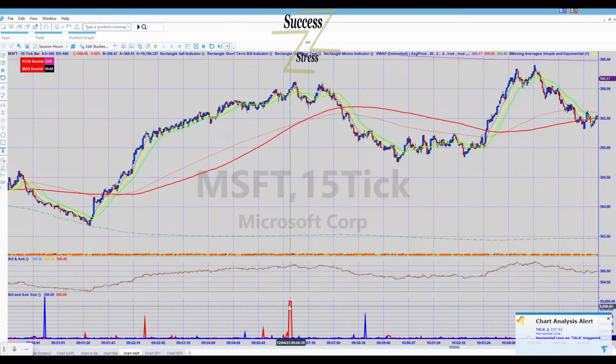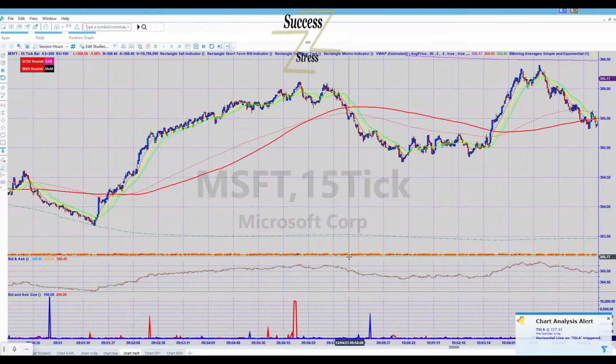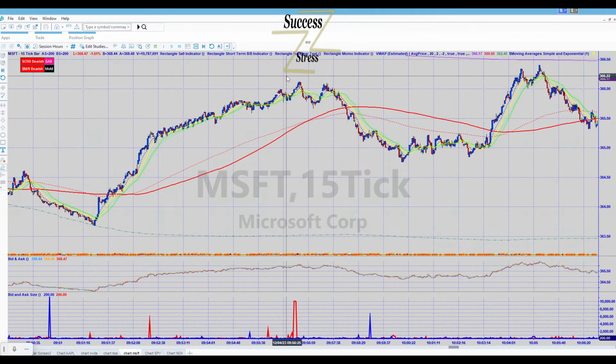But I often see these high numbers show up here, like I said, at pivots. Okay, so this one showed up here. I mean, like at the top of this move, at least there was a pullback before it went again, but this showed up at the top.